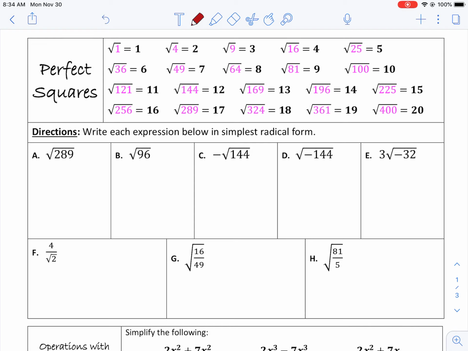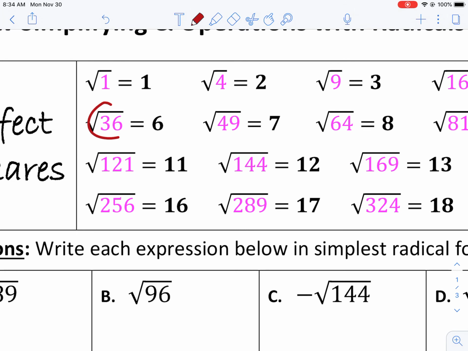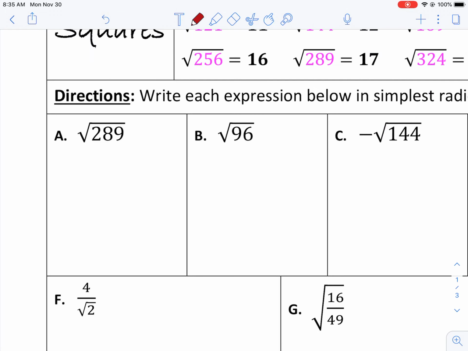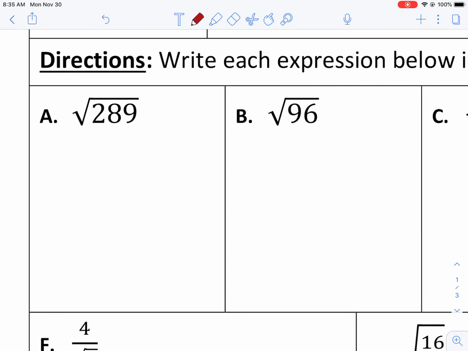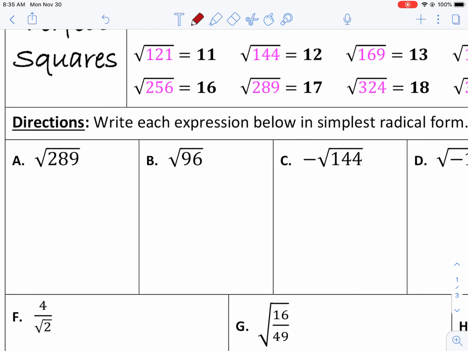All right, so we're going to be going over this today. Remember how to simplify a radical. We have the perfect squares up here. All the pink numbers are the perfect squares, right? The perfect squares are the numbers you can take a square root of and get a whole number answer. So when we are trying to simplify, here we've got radical 289. The first thing you want to look for is, is that number a perfect square?